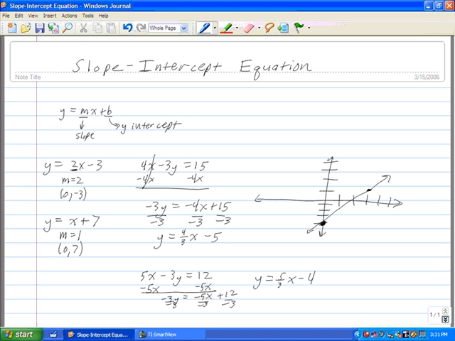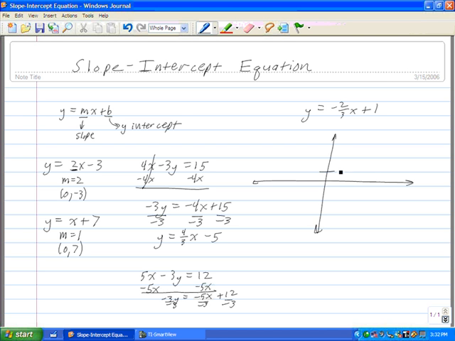Now, most of the slopes we have seen have been positive ones, which means you come up and right. Now, if you're dealing with a negative slope, let's say instead of a positive slope, we want to graph something like y equaling -2/3 x plus 1. Well, we can clearly look at that and easily see that the y-intercept is 1, so I'll put a dot there.